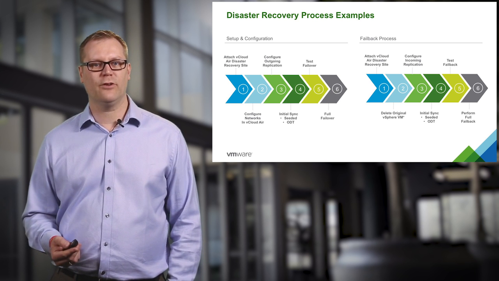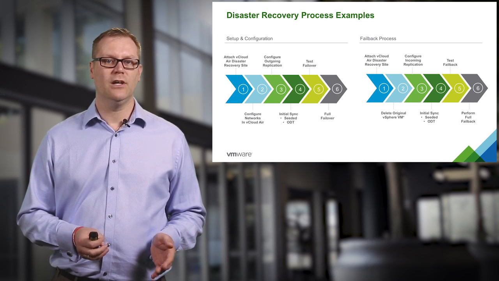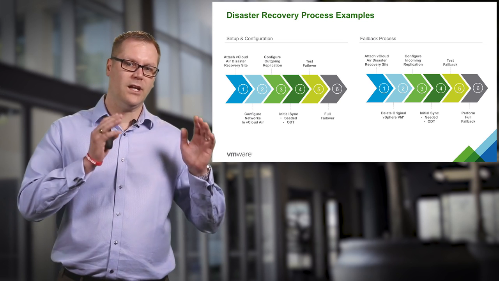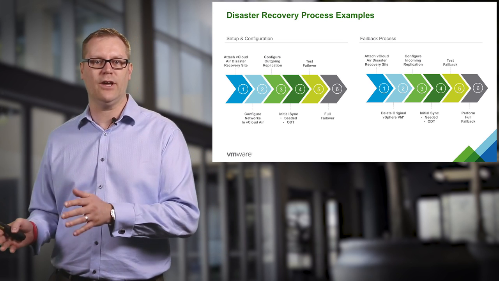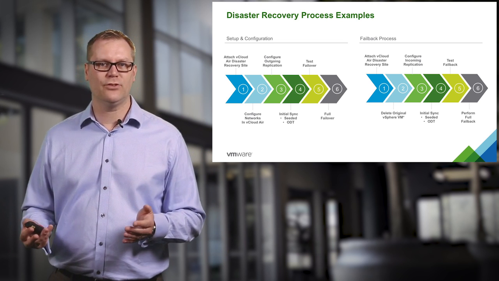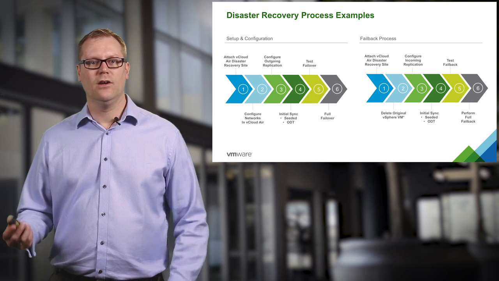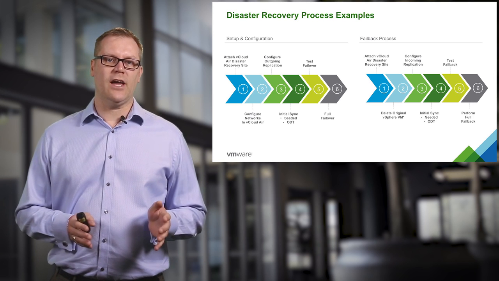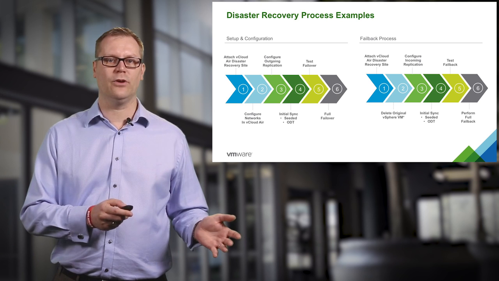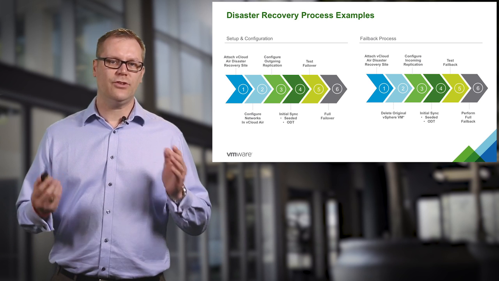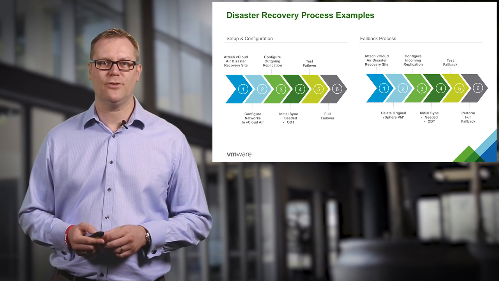We step through configuring our networks, how we configure the outgoing replication, so how we configure the replication from our on-premises vSphere environment out to vCloud Air. We then do the initial sync, we do test failovers and full failovers. So when you look at these steps, these are all based on the tutorials that we've been going through previously. So you can see how you configure those sites and how you perform your full failovers.